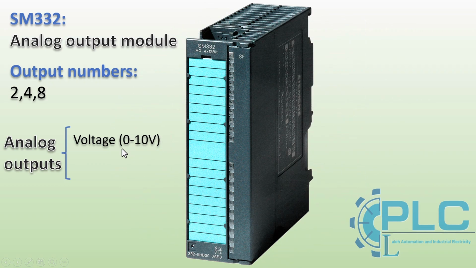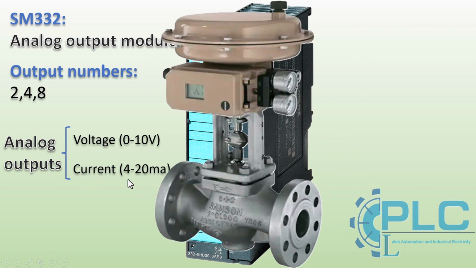Current signals: 0 to 20 milliamp, 4 to 20 milliamp. These are commonly used in industrial automation because they offer better noise resistance, especially for long-distance signal transmission. Current signals are less susceptible to electrical noise, making them ideal for industrial environments.